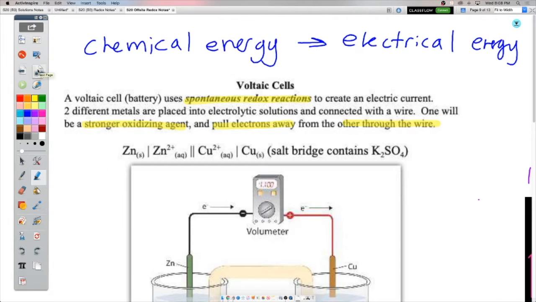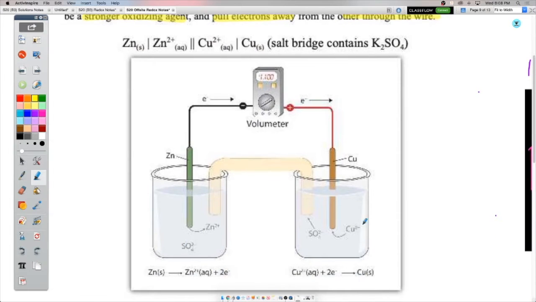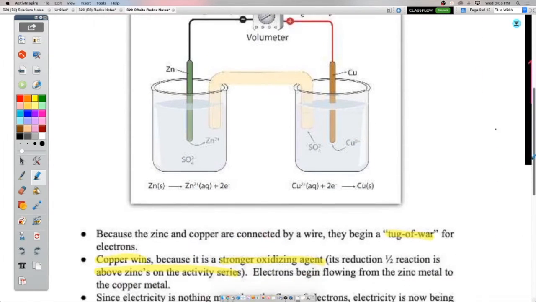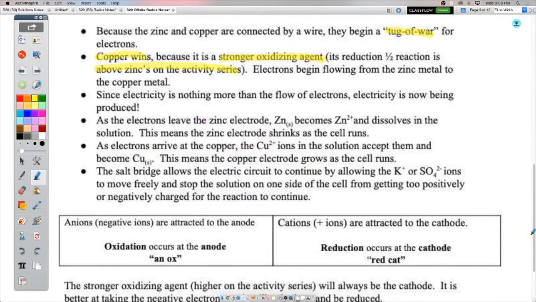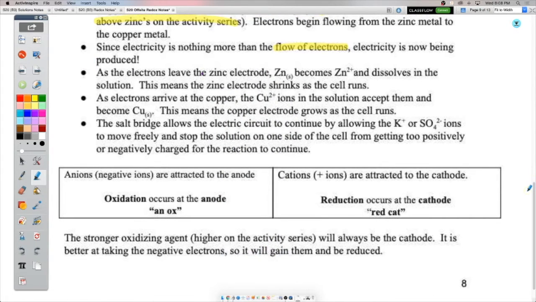Now, since electricity is nothing more than the flow of electrons, and electrons are flowing, we're now making electricity. That's actually where the word electricity comes from, because electrons are moving.